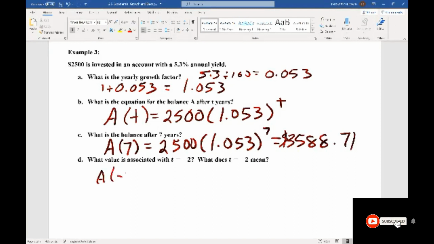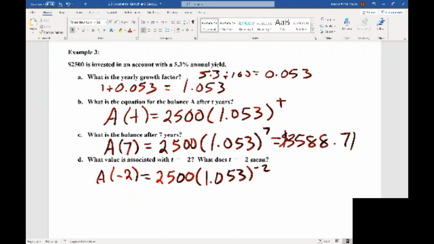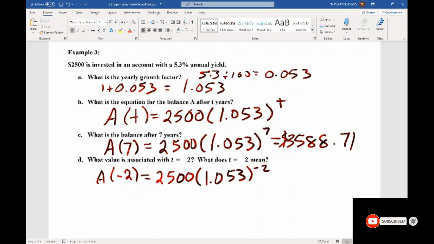What value is associated with t equals -2? So here we're going to plug in -2. So 2,500, parentheses 1.053 raised to -2, and that gives me 2,254.67.